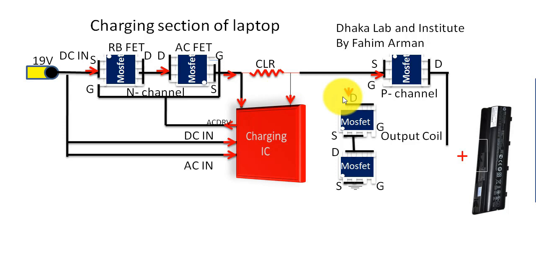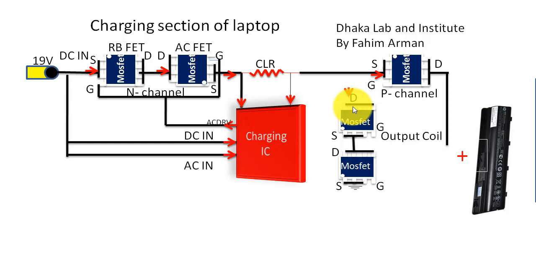19 volt will enter into the first MOSFET, but as this is an N channel, the MOSFET should be switched on first.